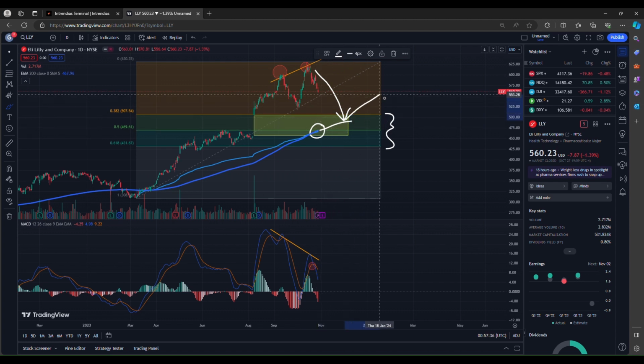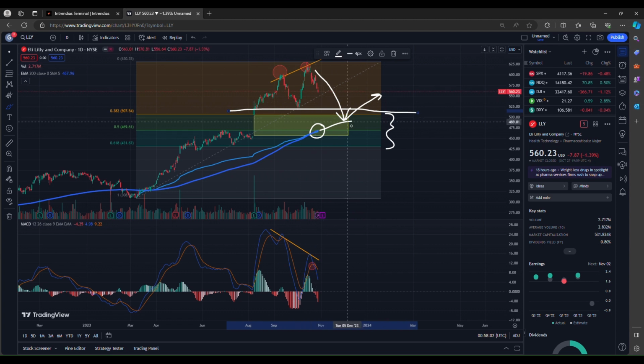We may see some drag in the stock prior to any further upside. Therefore, for the conclusion of the video, I would say the 920 or 914 line, somewhere around here, we may see Lilly drop to before any bounces further.